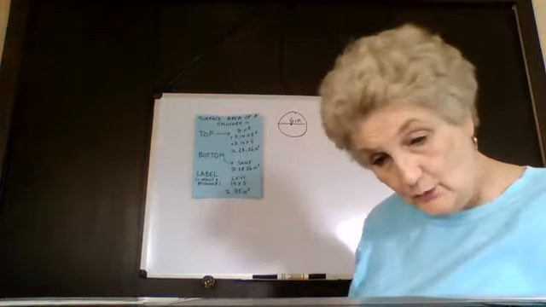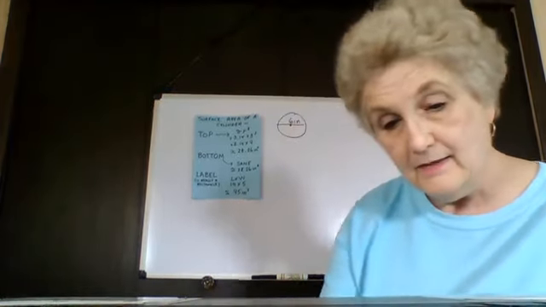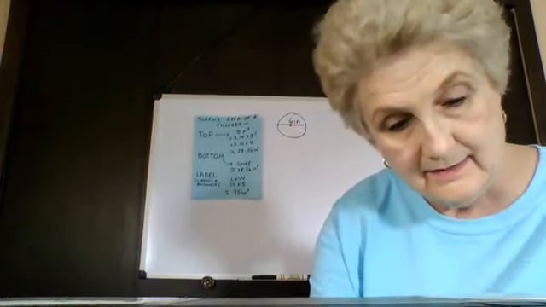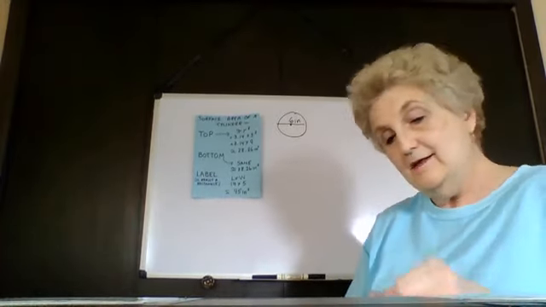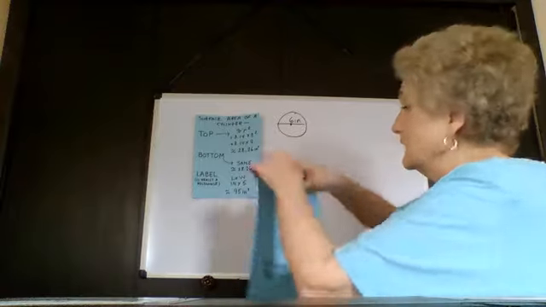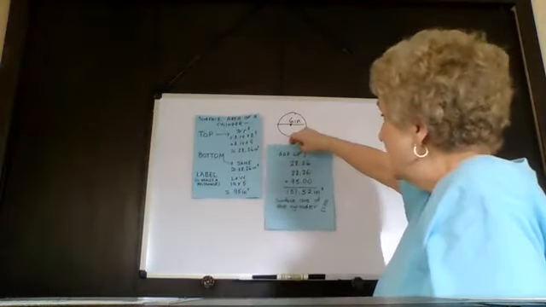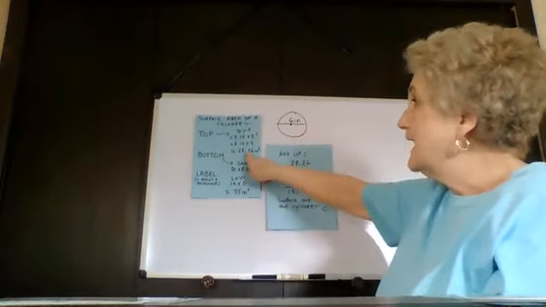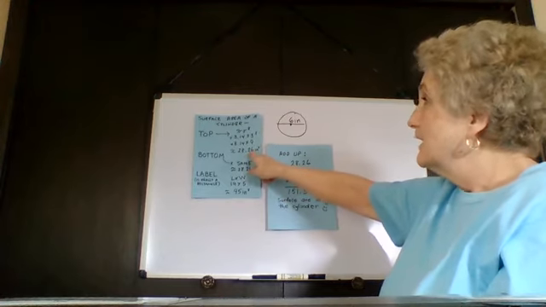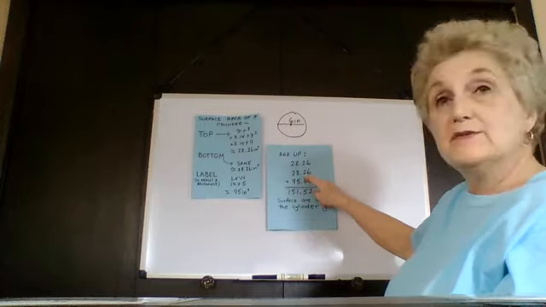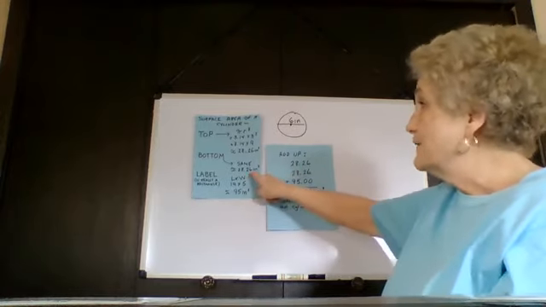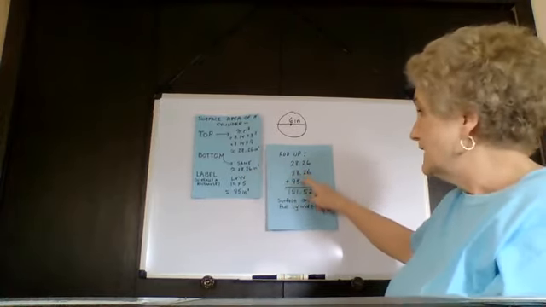Now, all you would do is add up the areas. Let me get my little next piece of paper here for you. Okay, so then you'd add up the 28.26, which is the surface area of the top, plus 28.26, which is the surface area of the bottom, 28.26, yep.